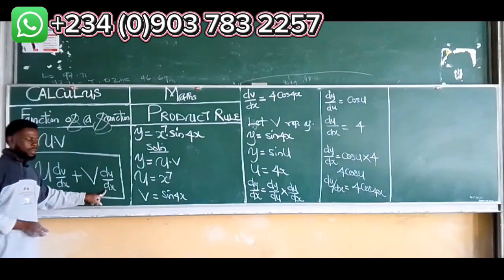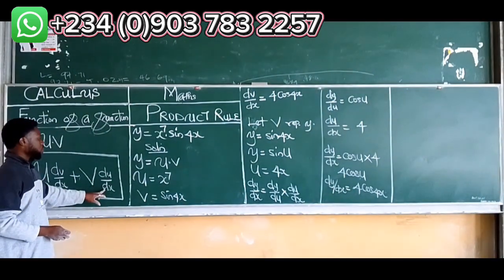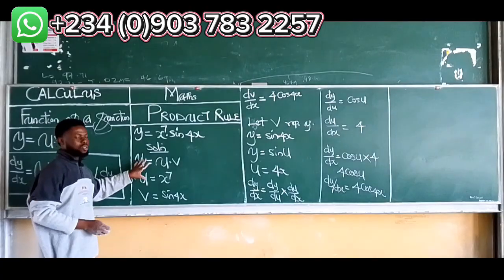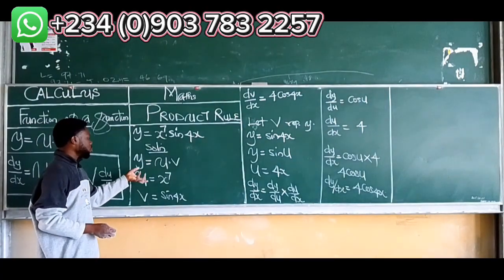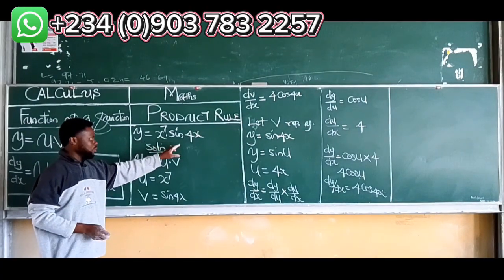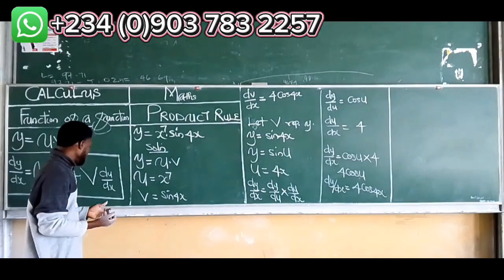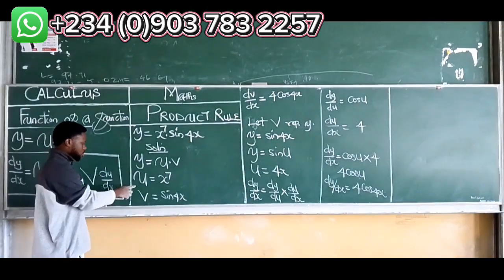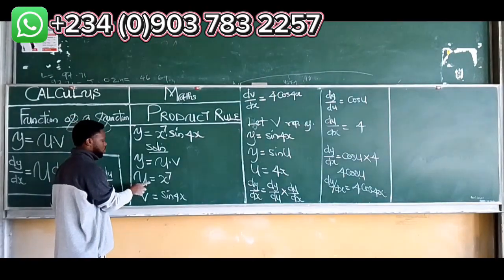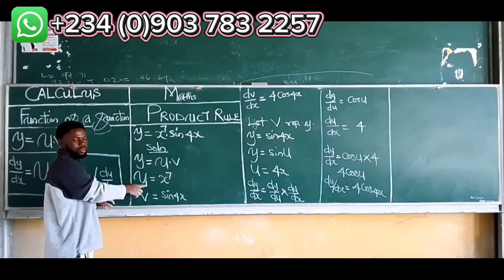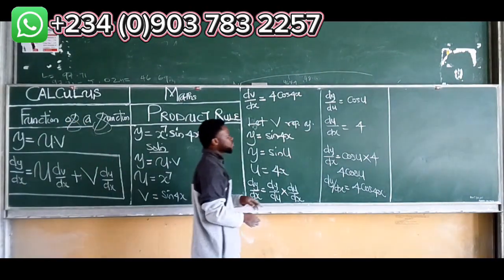The derivative of u with respect to x must be considered from what we obtained in this product function given. So du over dx becomes the derivative of u with respect to x in this equation.